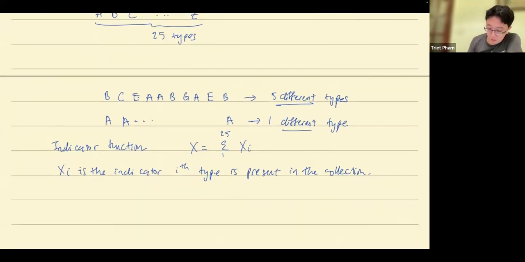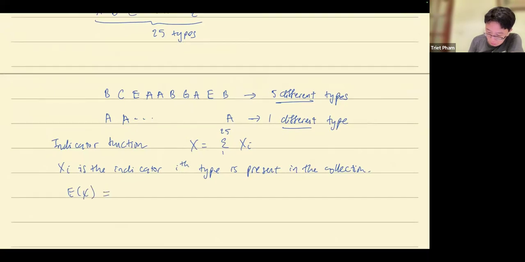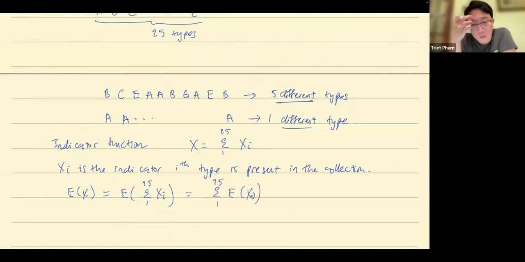So now the expectation of X will just be the expectation of the sum, which will be the sum of the expectations. Now, what is the expectation of Xi?